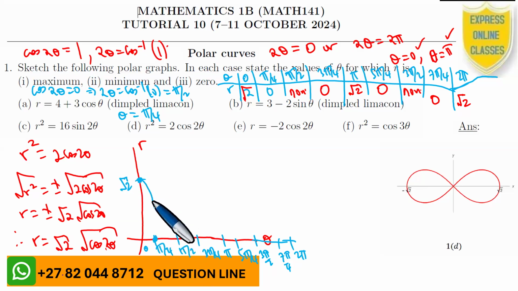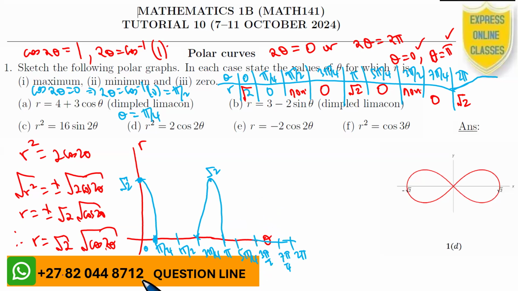So now you're going to have this graph, but here there's going to be nothing at pi over 2 because it's non-real. At 3 pi over 4, it becomes 0 again. At pi, it's going to move to the square root of 2. At 5 pi over 4, it's 0 again.